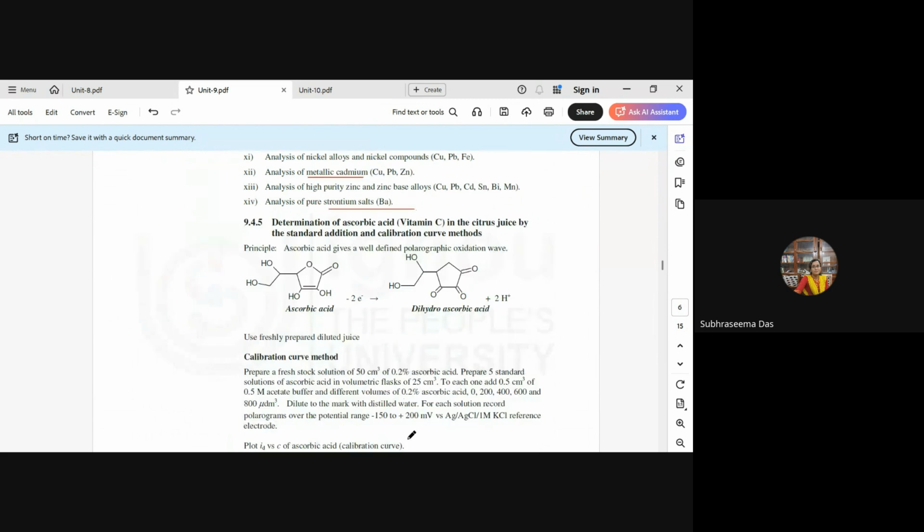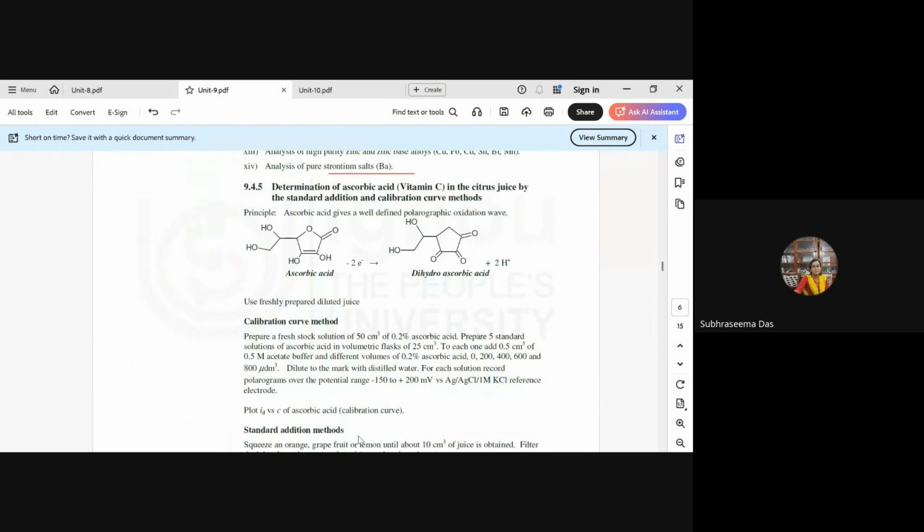Then comes the determination of ascorbic acid, that is vitamin C, present in citrus juice, by the standard addition and calibration curve methods. Ascorbic acid, we know, is a well-known polarographically active substance, and it gives a very good polarographic curve.